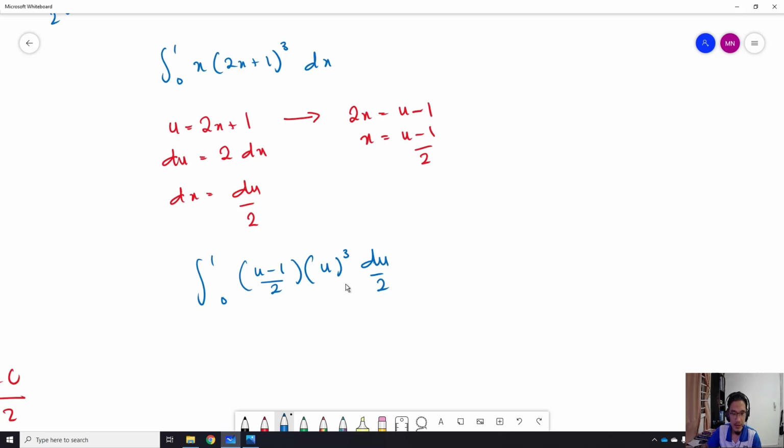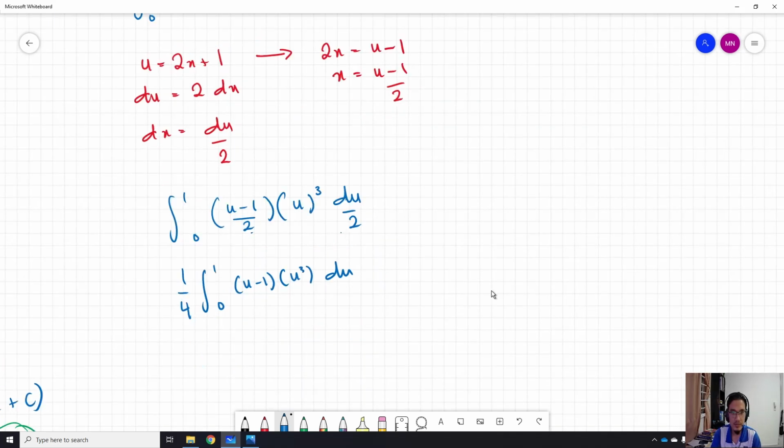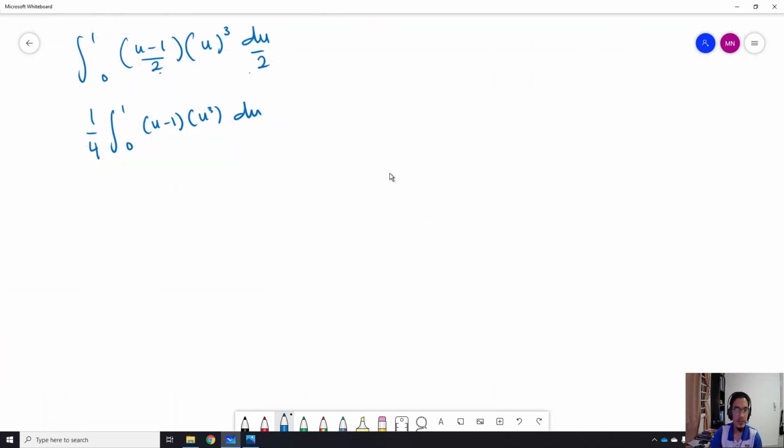So we reorganize: we have 2 and 2 in the denominator, which means we have 1 over 4 times the integral from 0 to 1 of (u minus 1) u^3 du. So then we have 1 over 4 times the integral of u^4 minus u^3 du.